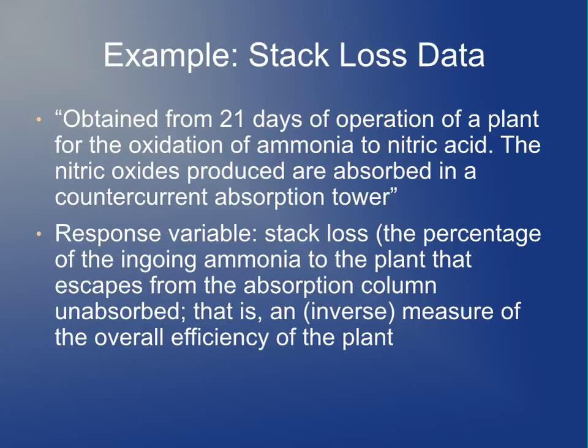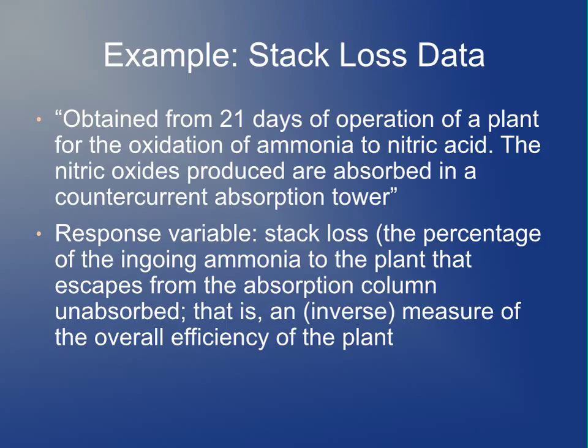So an example of multivariable regression: this is another data set that's built into R. According to the R documentation, it was obtained from 21 days of operation of a plant for the oxidation of ammonia to nitric acid. The nitric acids produced are absorbed in a countercurrent absorption tower.